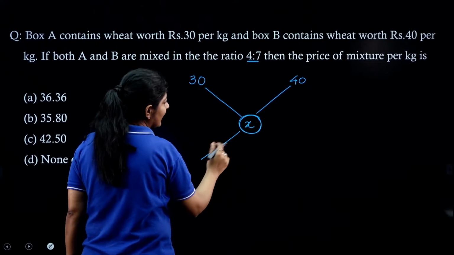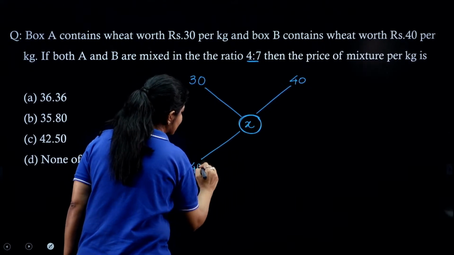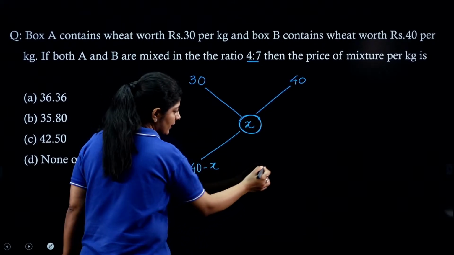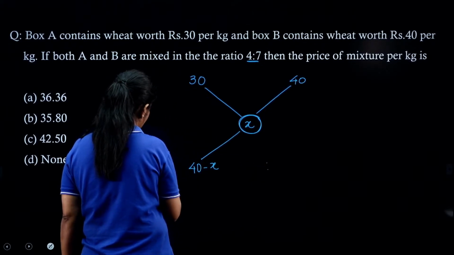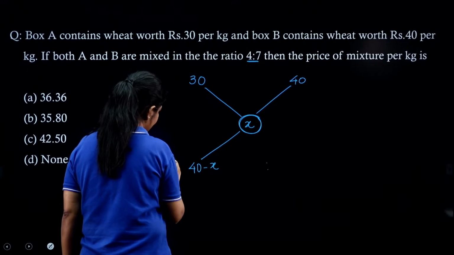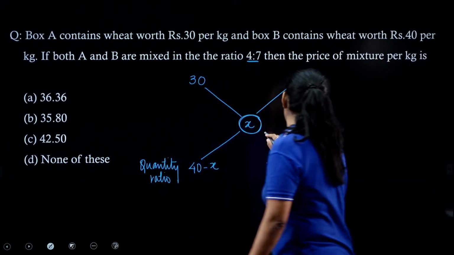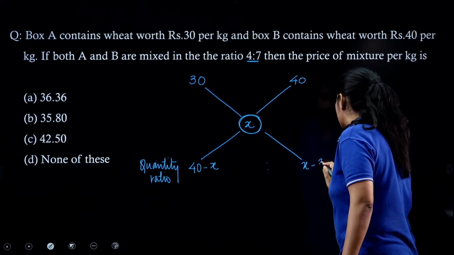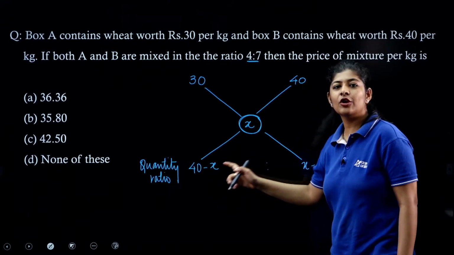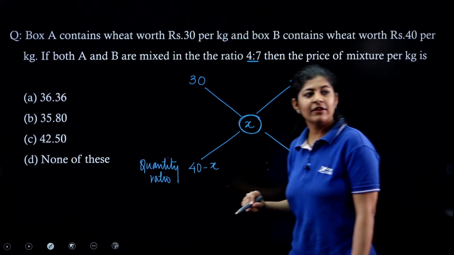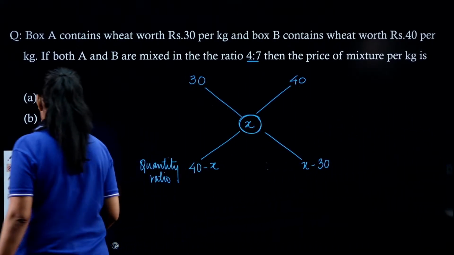So the value that we are getting over here is 40 minus x, because we simply write down the quantity ratio we got over here. And here we got x minus 30. But the question is, this ratio we are having as 4:7. Let's see.